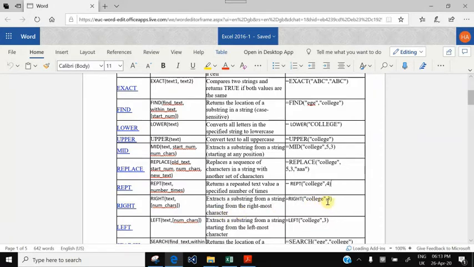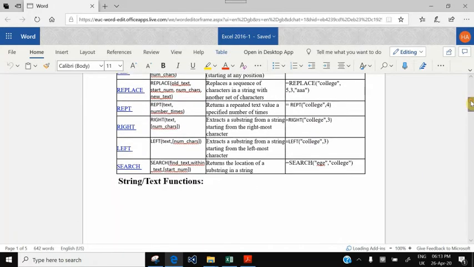Here I'll take 3, so EGE. LEFT is the same, it extracts a substring from a string starting from the leftmost character. If I use this, I'll take COL. SEARCH returns the location of the substring in a string, like college.